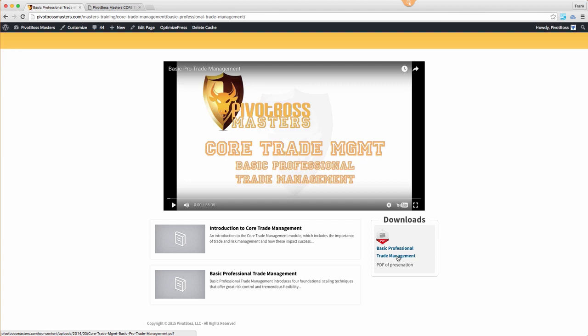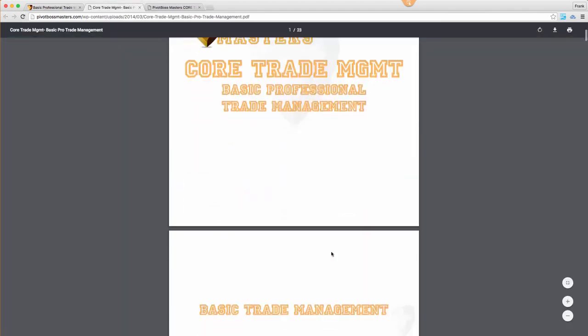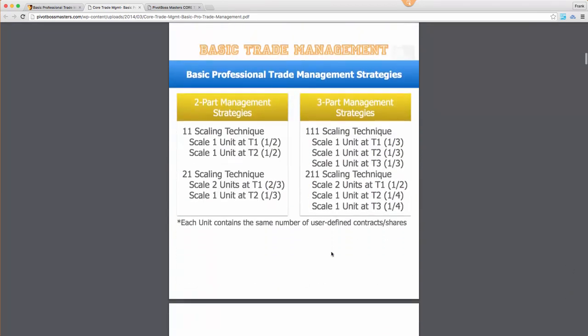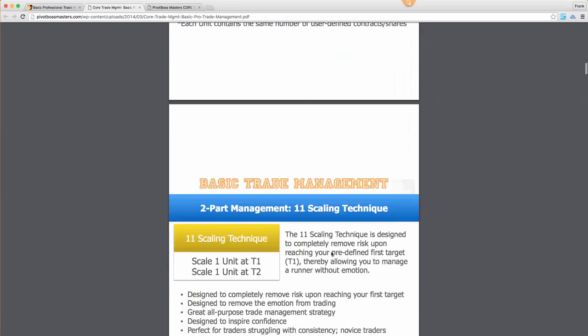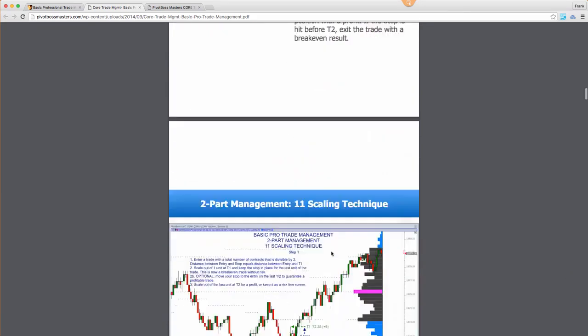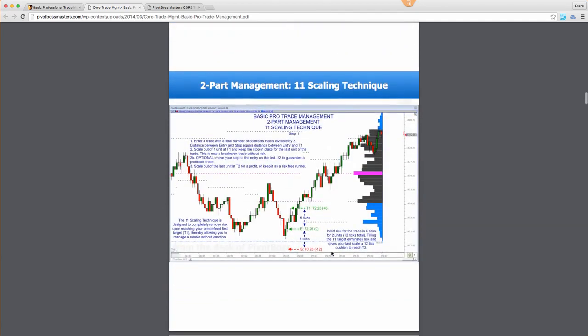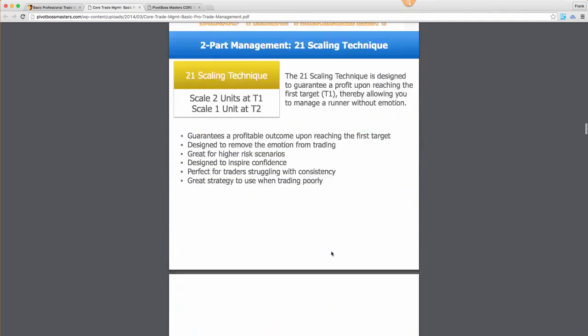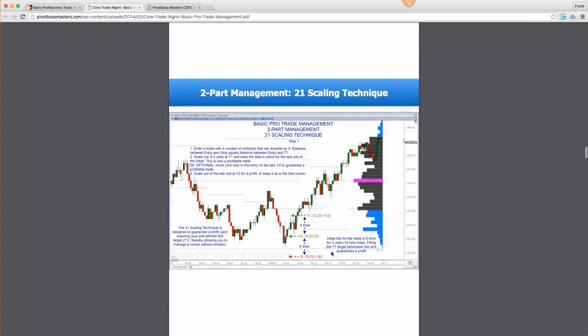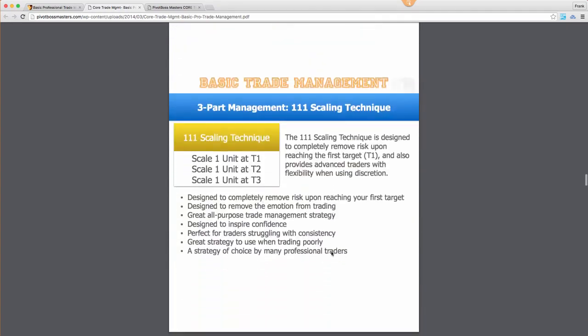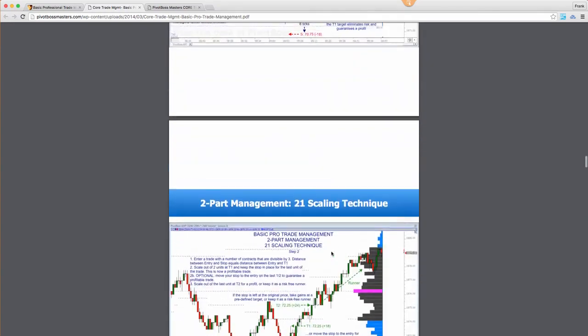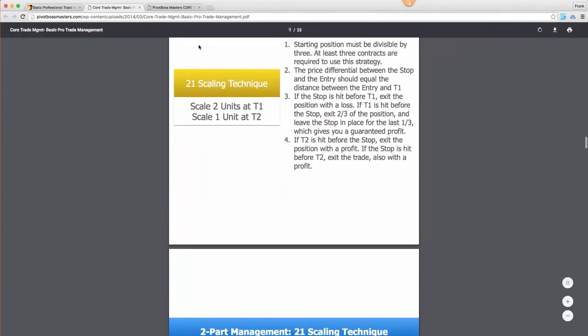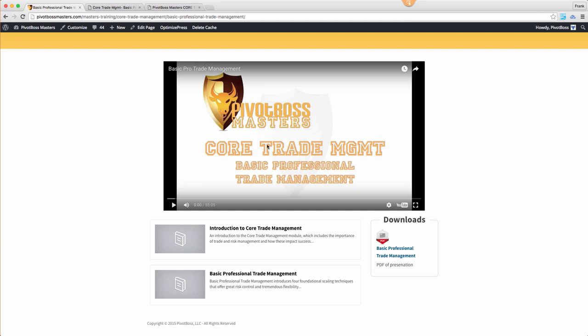And then if you bring up this PDF right here, you'll actually see all the various techniques here, what to do, the things about them that make them unique, and what they look like on the chart. And I'll talk more about those points using some of those same examples we just looked at. So if you want to go back and get a more robust look at some of these strategies, then go watch this particular video right here, Basic Professional Trade Management.